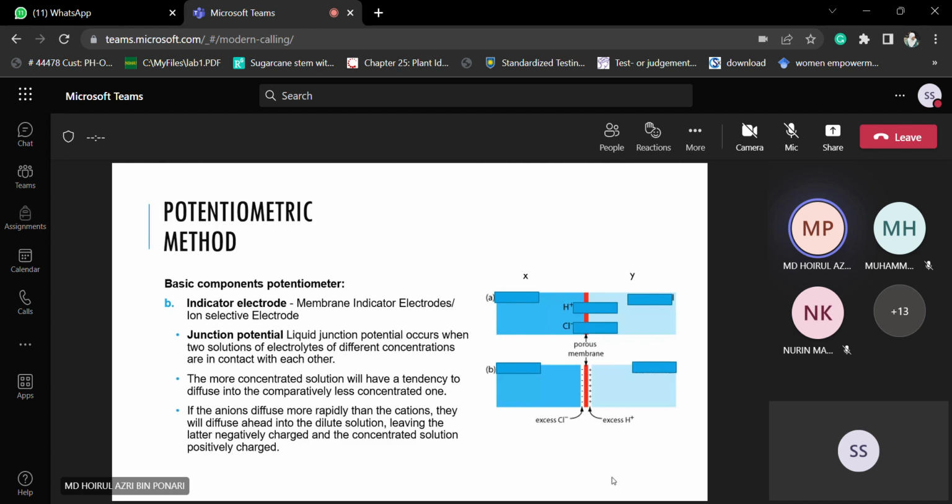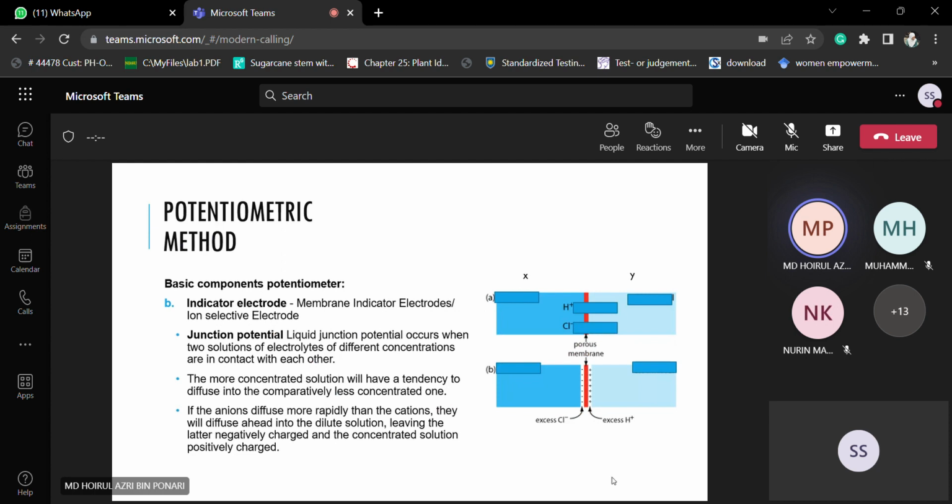However, in a pH meter, the circuit, the solutions are connected by junction potentials. So what is junction potential? Remember, in our pH meter we have ion selective electrodes.